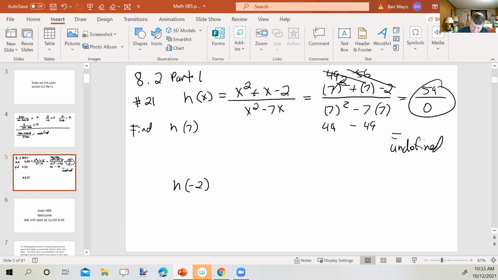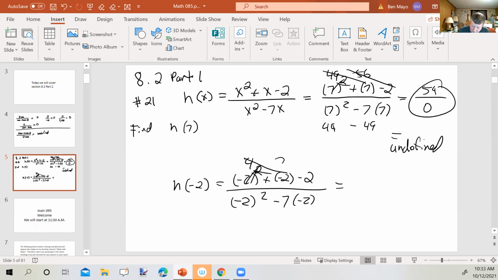Then we have h of -2, which would be -2 the quantity squared plus -2 minus 2 all over -2 the quantity squared minus 7 times -2. -2 the quantity squared is 4. 4 plus -2 is 2. 2 minus 2 is 0. -2 the quantity squared is 4. -7 times -2 would be a positive 14.